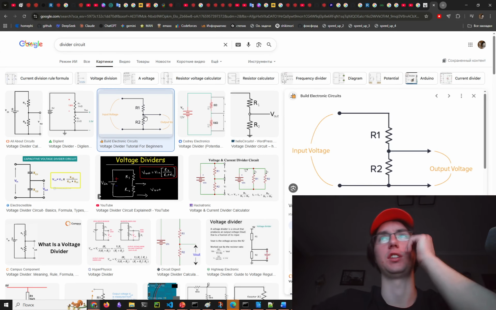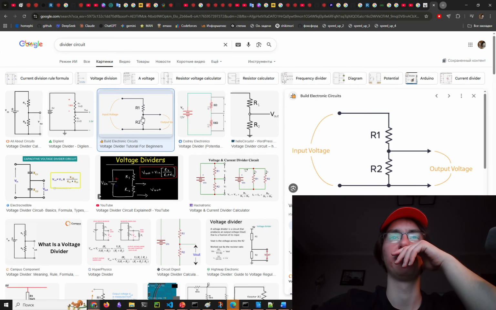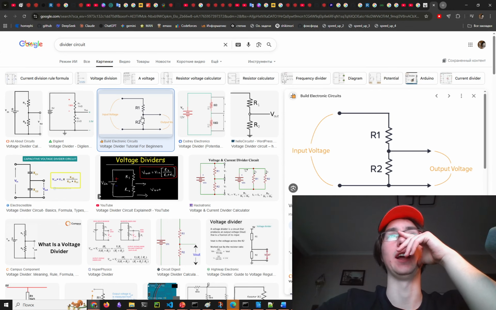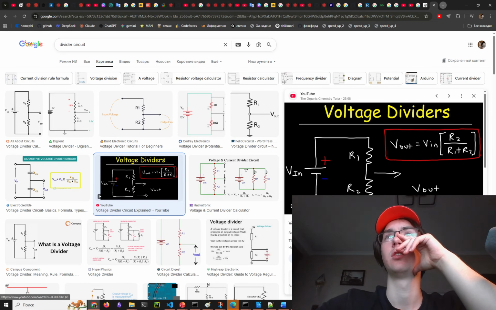Yeah, but I'm not very familiar with it. Well, at least I heard about it. Dividers. So the output is R2 divided by R1 plus R2.